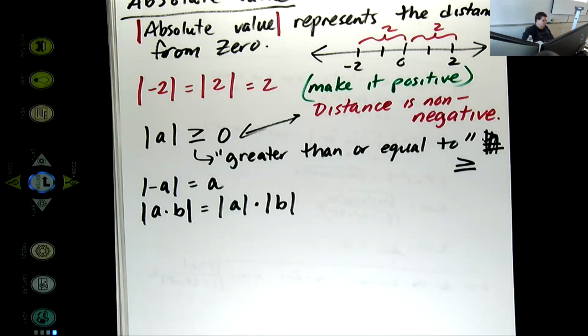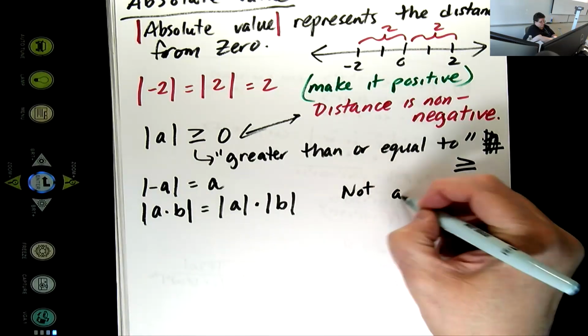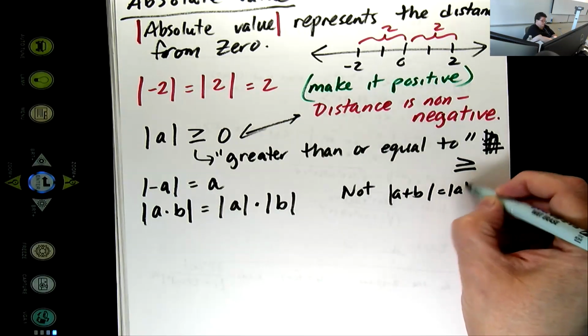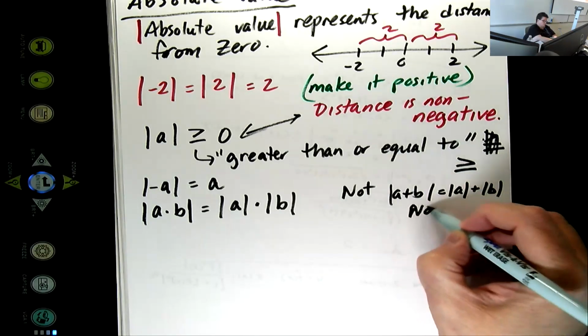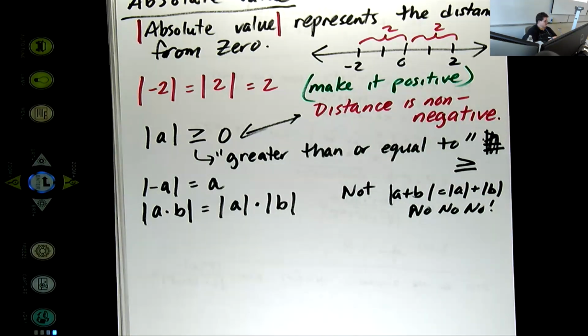So if you do the A times B on the inside, it's the same thing as A times B on the outside. Not the same for A plus B. These are not the same. No, no, no. Because if B is negative, it changes the whole thing. Or one of them is negative.